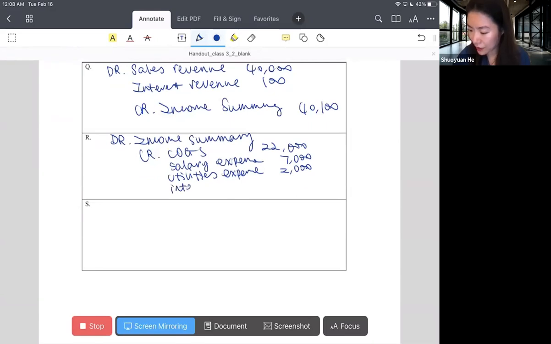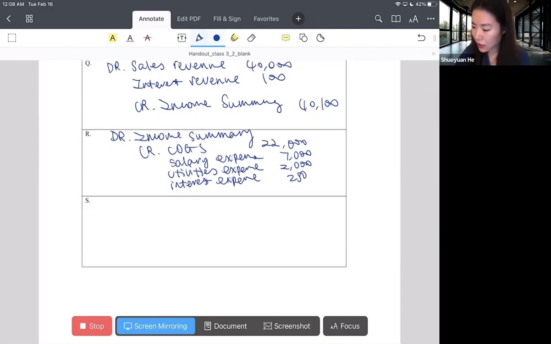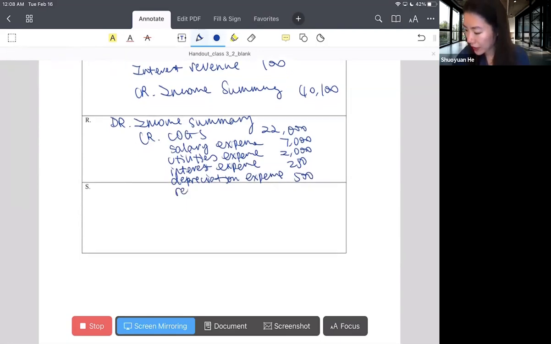Credit interest expense for 250. Credit depreciation expense for 500. Credit rent expense for 3,000. All of those sum up together to 34,750. So that's the income summary.